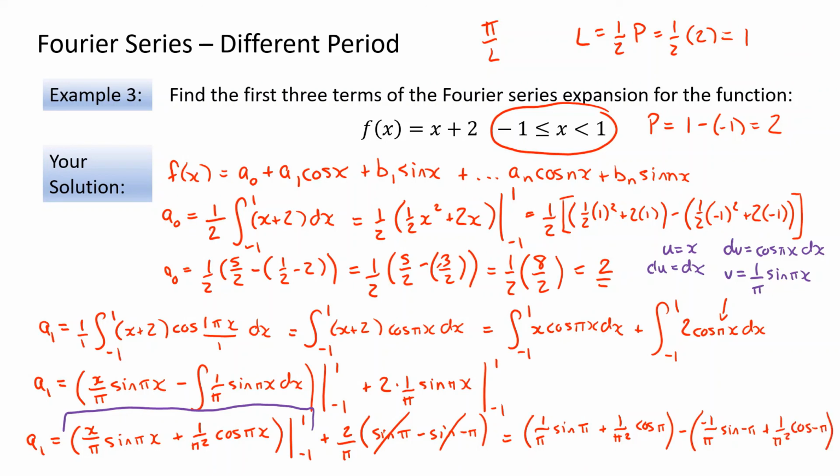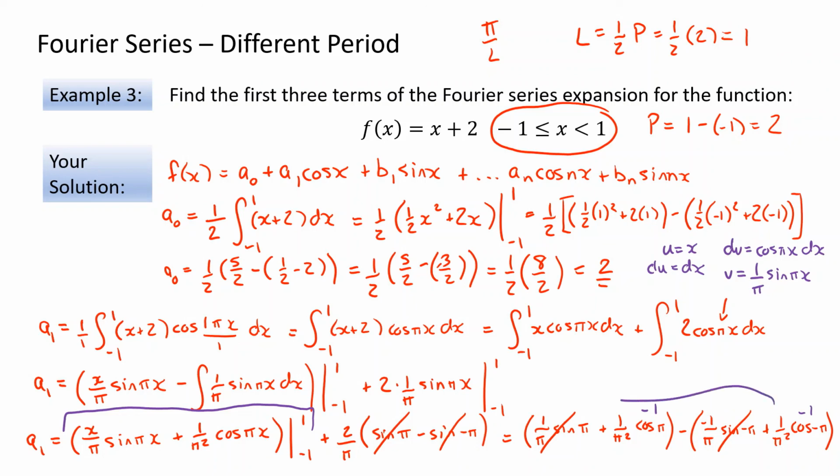Okay, so the sine of pi and the sine of negative pi terms will cancel. Cosine of pi, okay, is -1. Cosine of the negative pi, again, is -1.